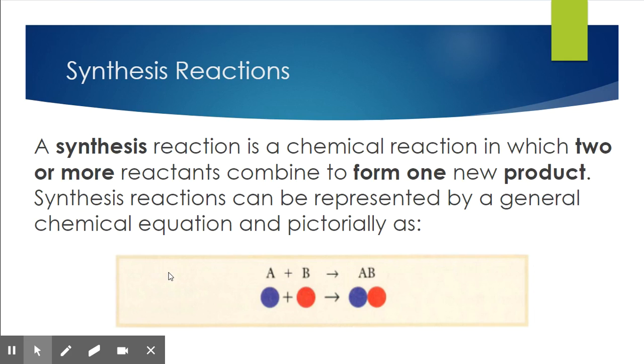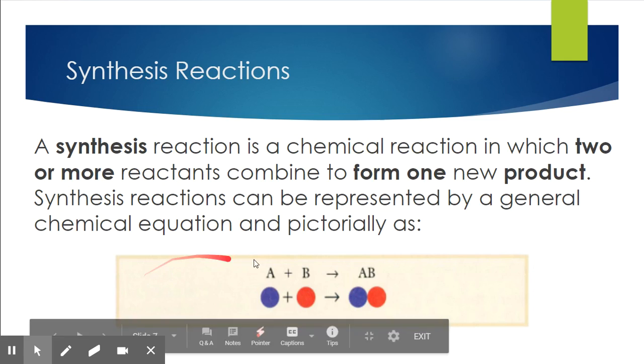The first one I showed you, a synthesis reaction, is a chemical reaction in which two or more reactants combine to form one new product. Synthesis reactions can be represented by a general chemical equation and pictorially like this.